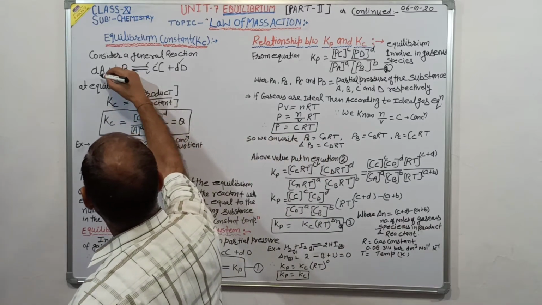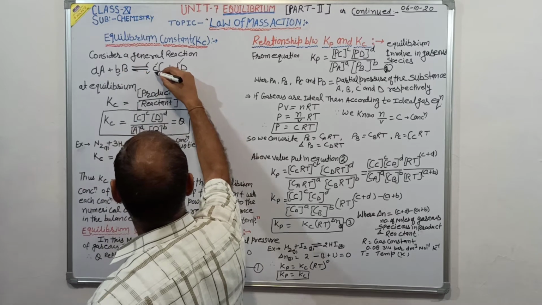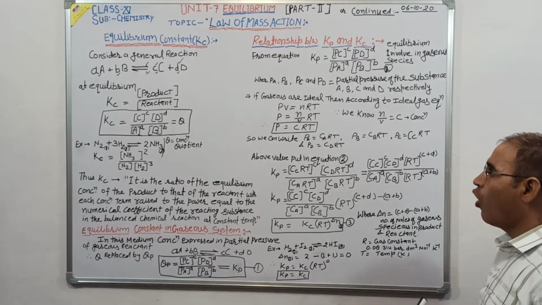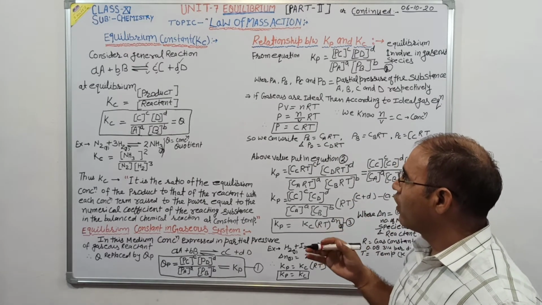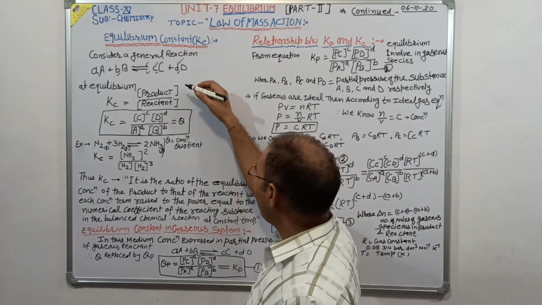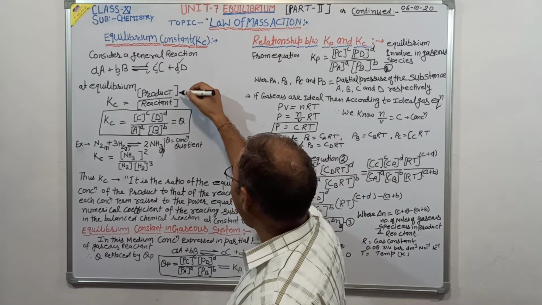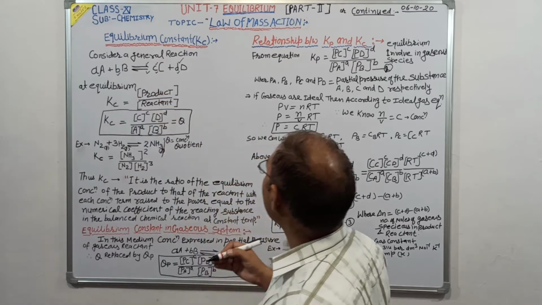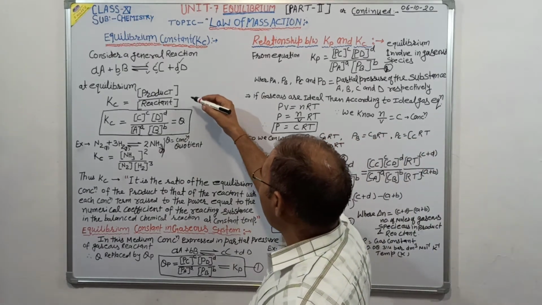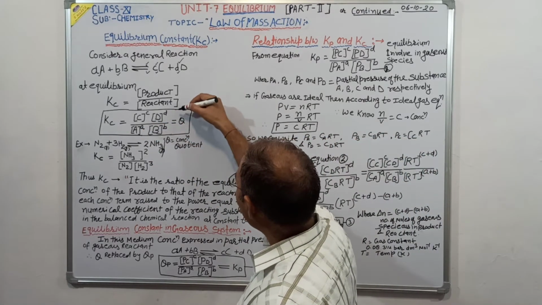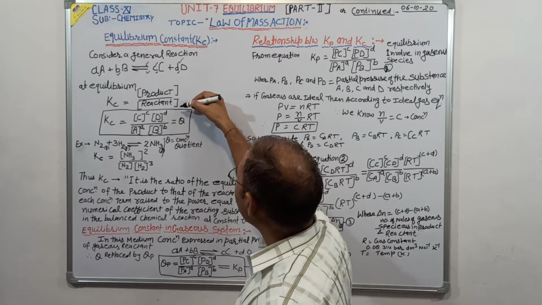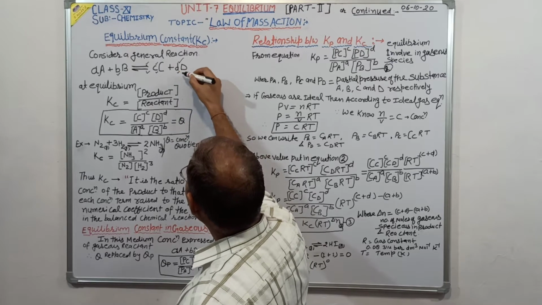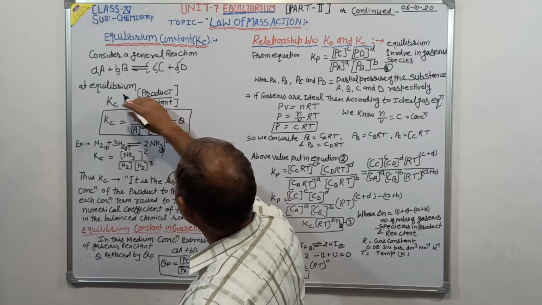These small a, b, c, d are the numerical coefficients of the reaction. At the equilibrium state, the product upon reactant ratio is Kc, the equilibrium constant: the concentration of products C and D upon the concentration of the reacting species A and B.